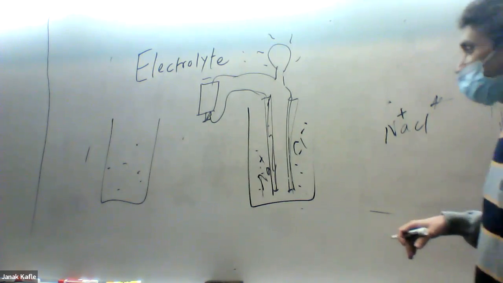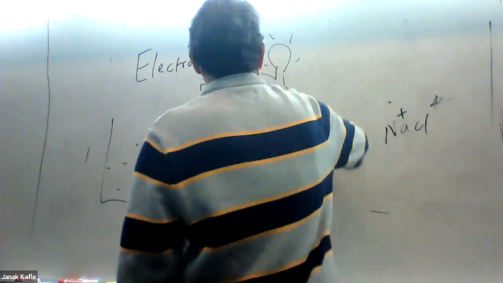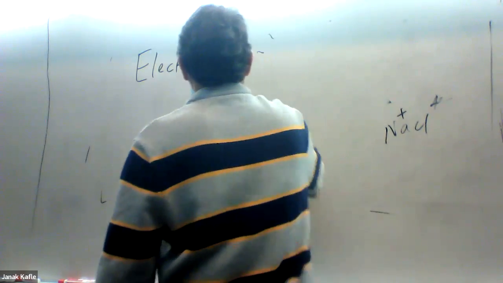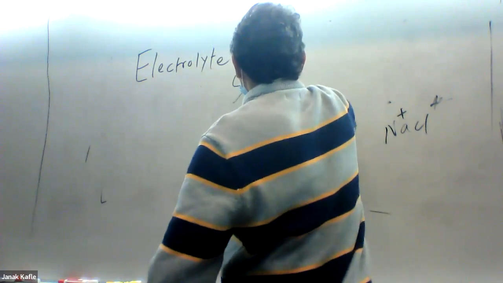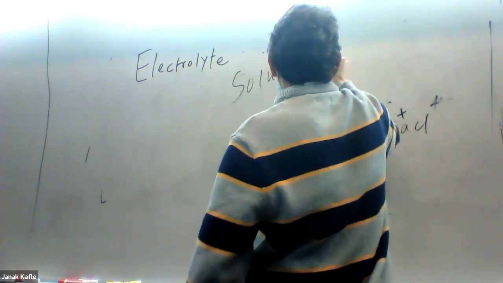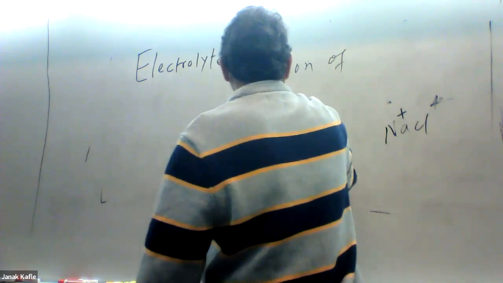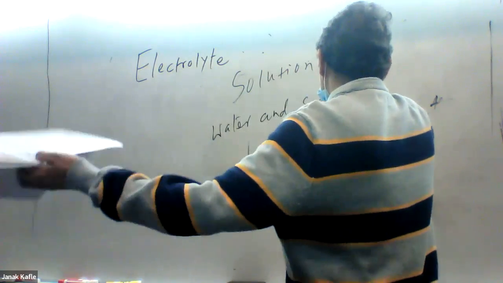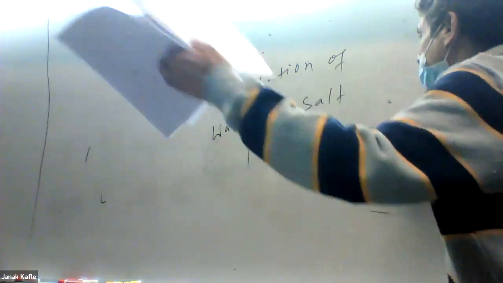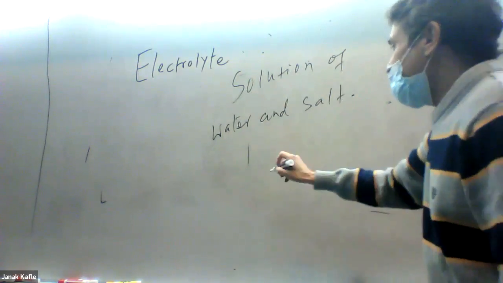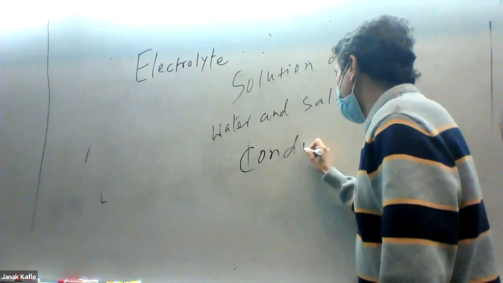So what is electrolyte? Basically, electrolyte is a solution of water and salt or any other compound. The solution or mixture, right? Solution of water and salt, and this solution conducts electricity.